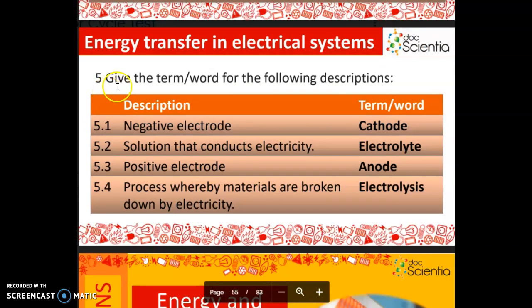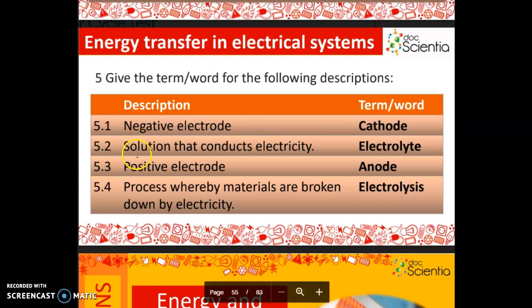Number 5, give the term or the word for the following descriptions, and just cover this with your hands, and then you just listen to these. One word for a negative electrode. That's a cathode.